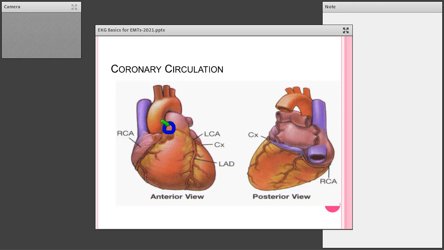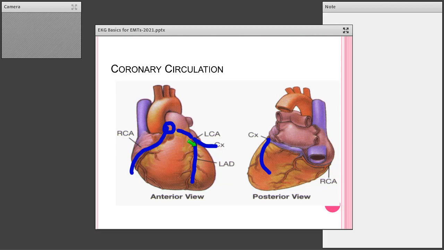So they branch off to the right coronary artery, to the left coronary artery, and then it goes to the circumflex, which goes on this picture around to the back of the heart, and then it branches off again to the LAD, or the left anterior descending artery, sorry.